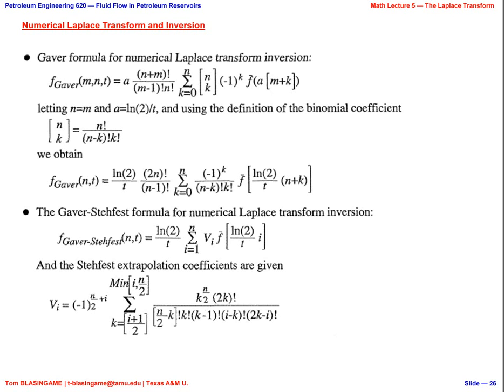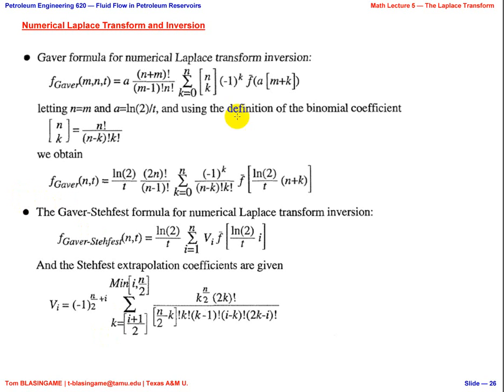It basically says that you are going to evaluate your function in the Laplace space with s equal to the natural logarithm of 2 over t times this. This n over here, you may think it is related to the accuracy, but it is not necessarily.